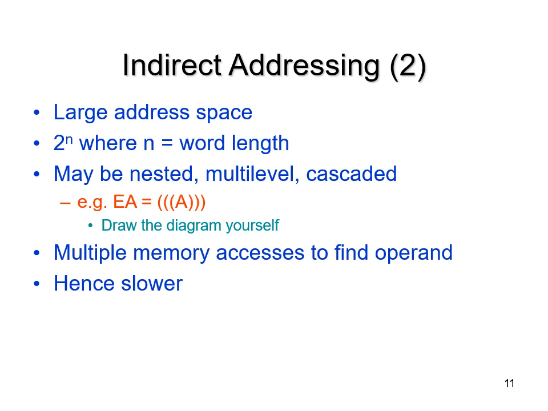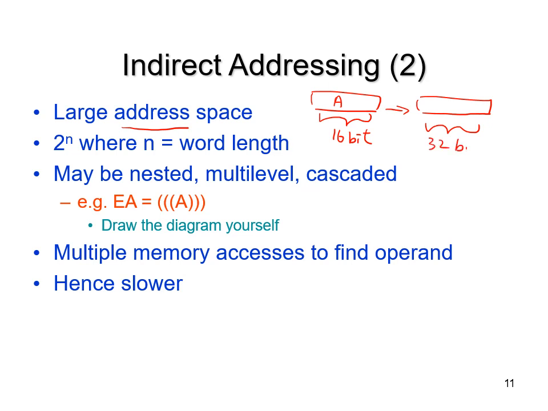Now here we describe why we apply indirect addressing, because we should have a large space. Originally, this A can occupy 16 bits only, but if you refer to another memory location, it can occupy 32 bits.